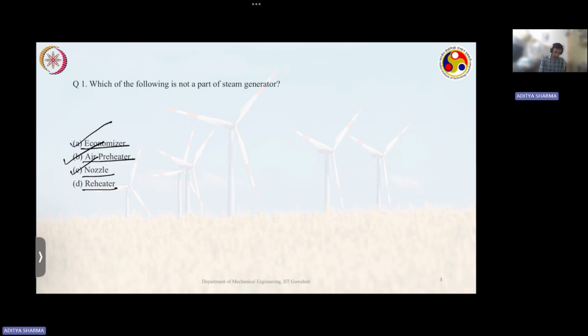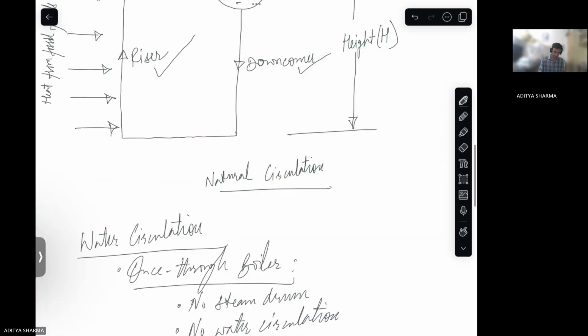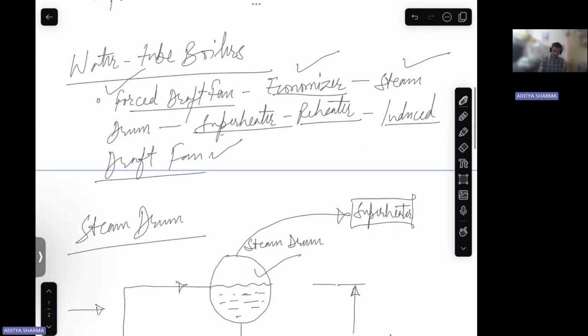And then the fourth is your reheater. Reheater again is a part of your steam generator, right?